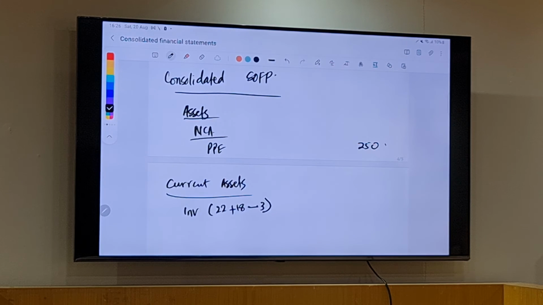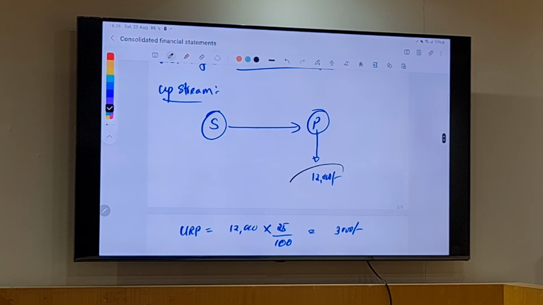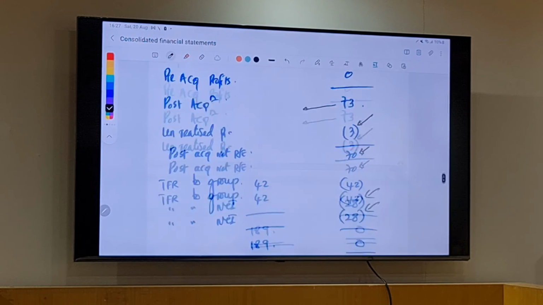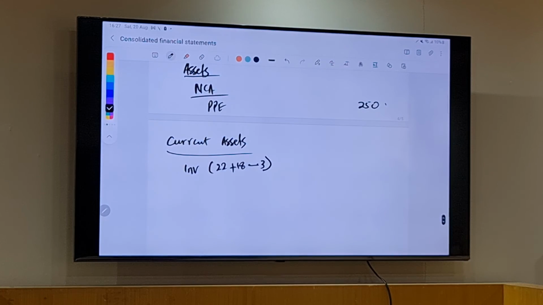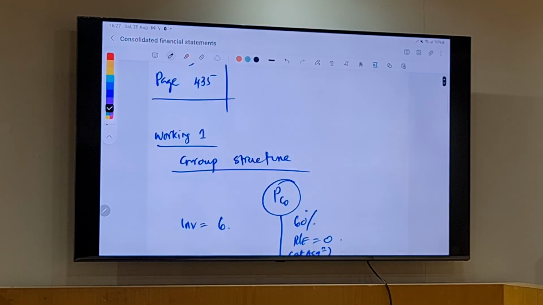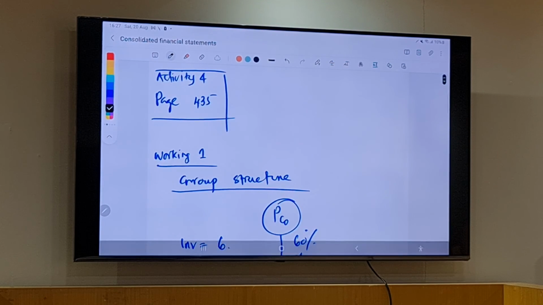That 3,000, they have overstated, the parent company, this 12,000. At the selling price, we have to reduce it to this, we need to take off this 3,000. So, minus 3. Why minus 3? I will show you the double entry in the previous note.